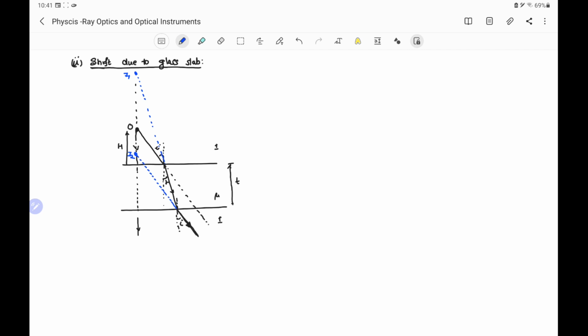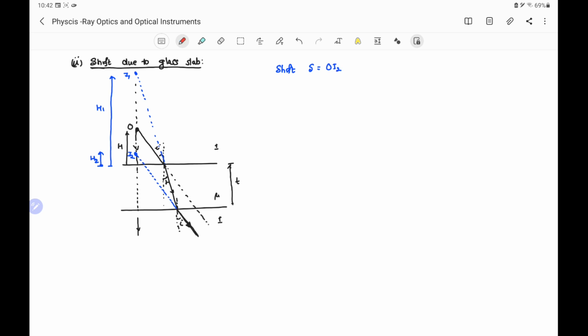Suppose the distances of these images from the first surface are H1 and H2. So we have to find the distance OI2. This is the shift. So we have to find the shift S equal to OI2.